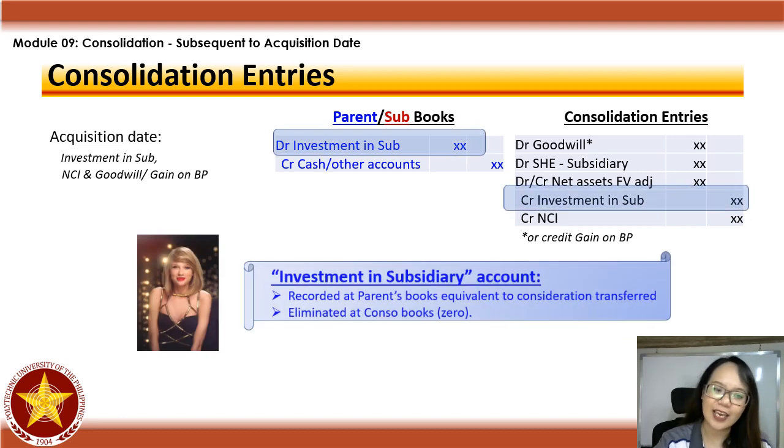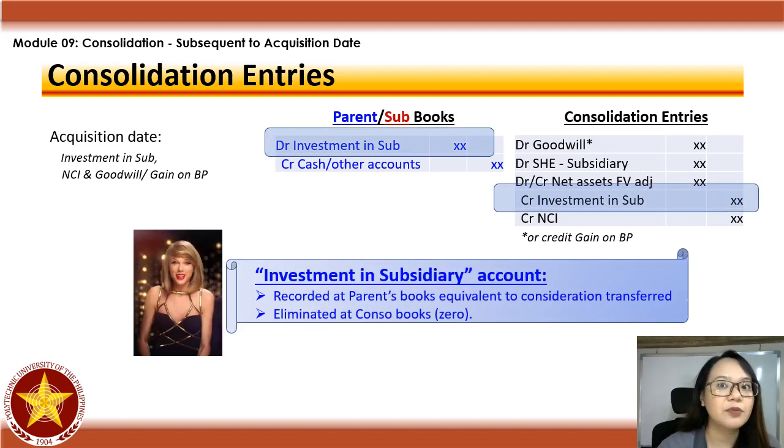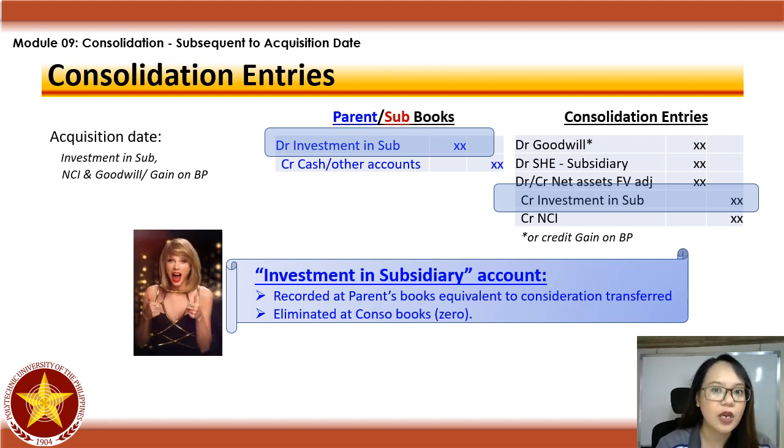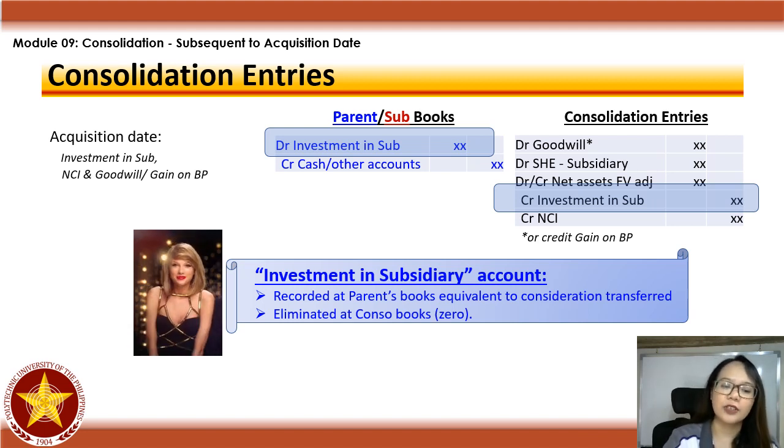Let's go through them one by one. For the investment in subsidiary account, noticeably you see its setup is in the books of the parent, but when it comes to consolidation, you eliminate it. So the balances of investment in subsidiary will only appear in the parent or the separate financial statements, and it will be eliminated or will become zero when you get to the consolidated financial statements.